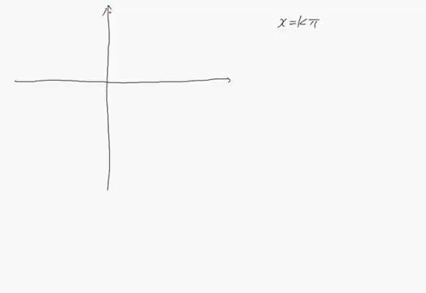And then at pi, this is another vertical asymptote, at 2 pi, at negative pi.